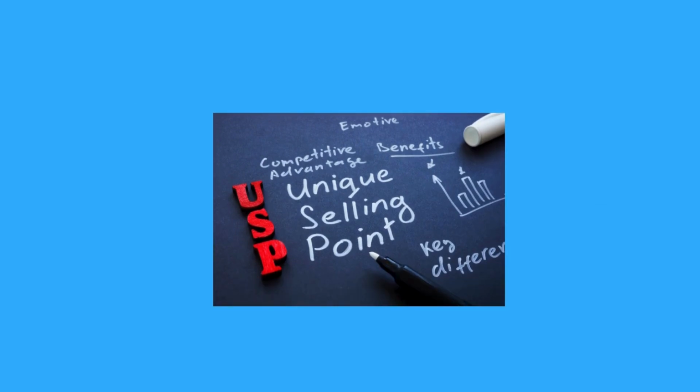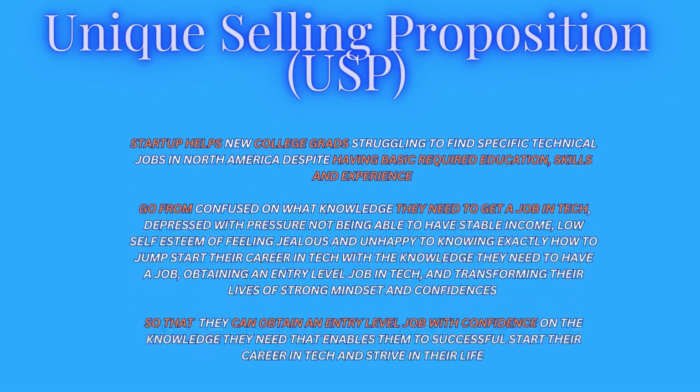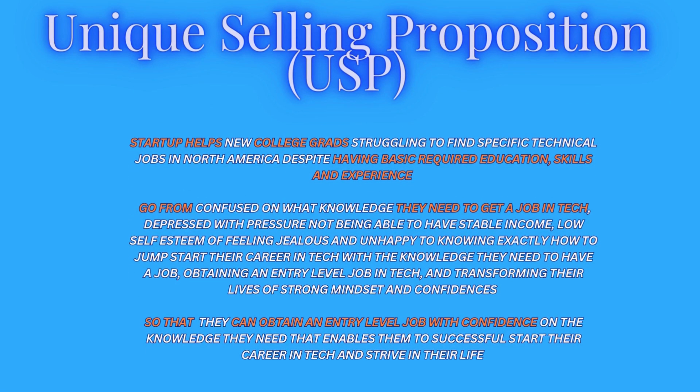So first, create your unique selling proposition. Based on the research that you will do with your other team members, you realize that you want to build a startup that helps new college grads struggling to find specific technical skills in North America despite having basic required education, skills, and experience.